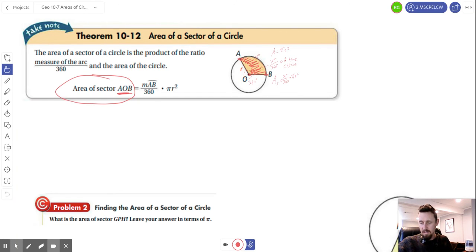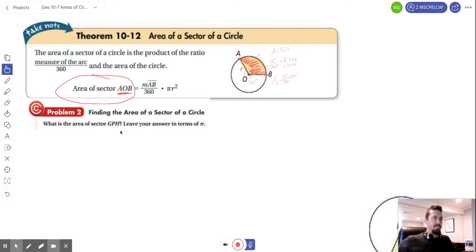You would never name sector AOB and mean the bigger thing. So you always assume that they mean the smaller thing, unless they maybe use the word major, because that would be the other one. This is like the minor sector and this is the major sector, but I don't think we're going to see that.